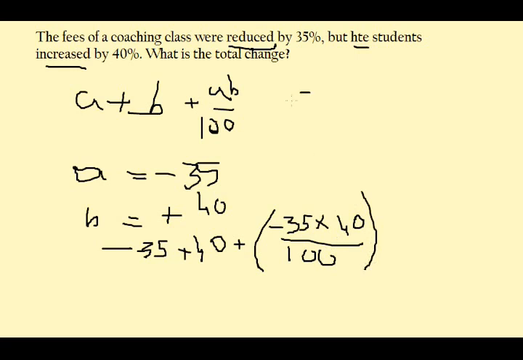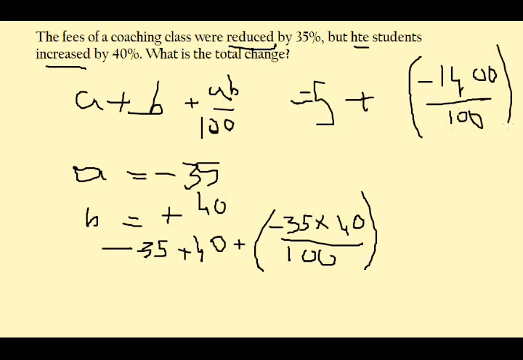Minus 35 plus 40 would give an answer of 5, and 35 into 40 is 1400, so it would be equal to positive 5 plus minus 1400 upon 100.